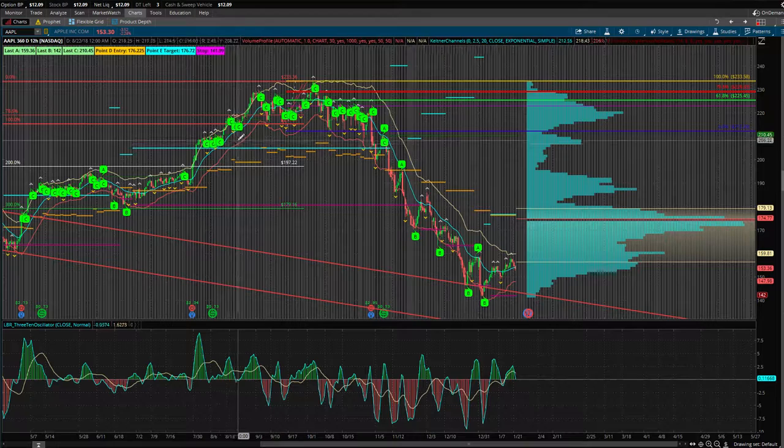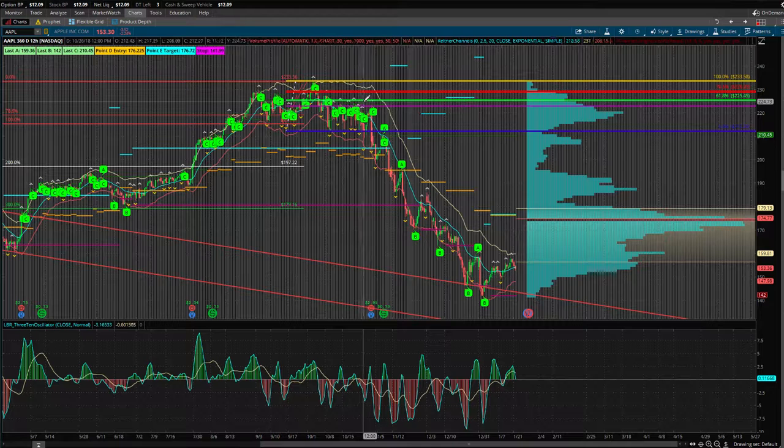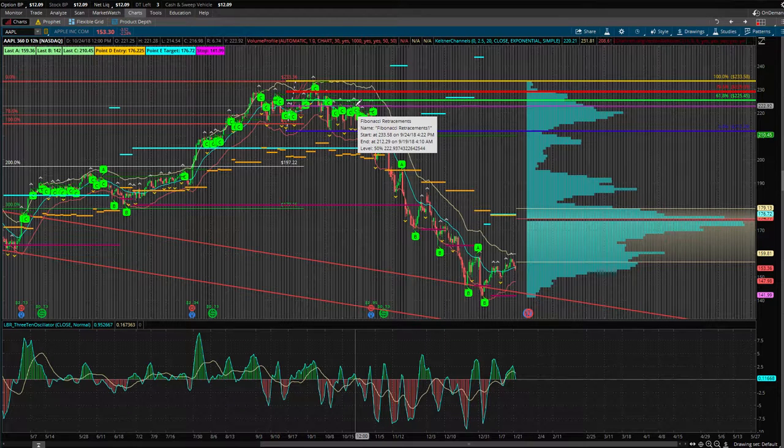And if we had been looking for that reversal pattern, Apple would have shown up a reversal on the short right here, and you'd be shorting Apple at, you know, 224, 223.